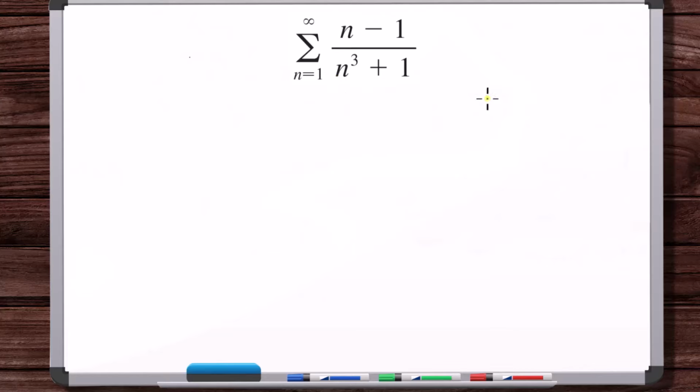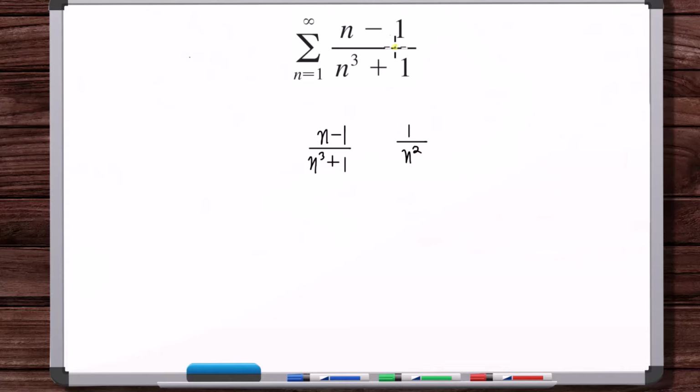All right, but we're going to take a comparison test. So b sub n is equal to n over n cubed, which is 1 over n squared. So how does that compare to the sequence?